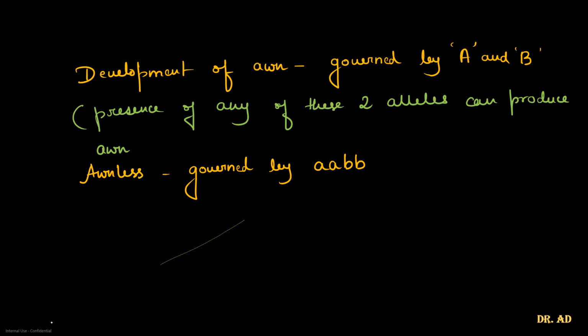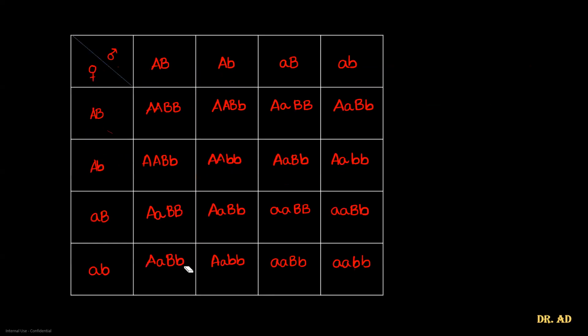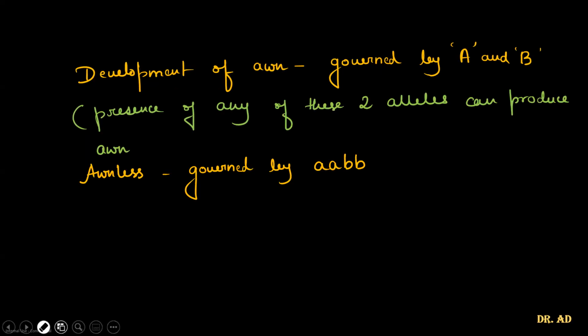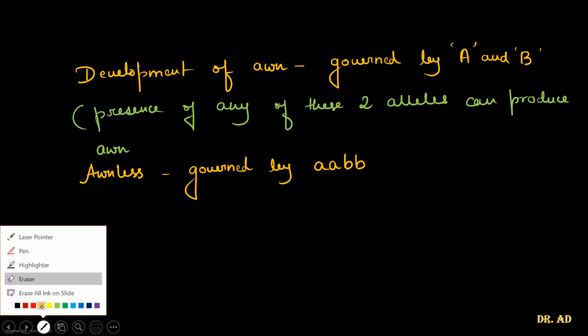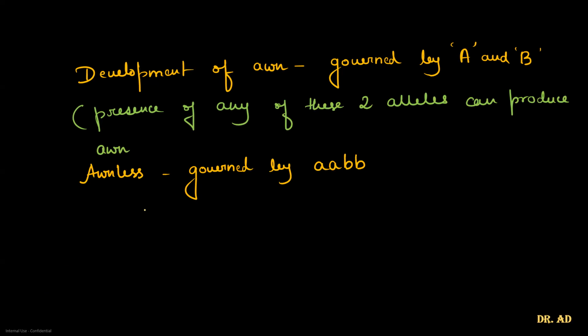So a cross is made. What cross is made here? Let's see. Capital A, capital A, capital B, capital B is crossed with small a, small a, small b, small b.